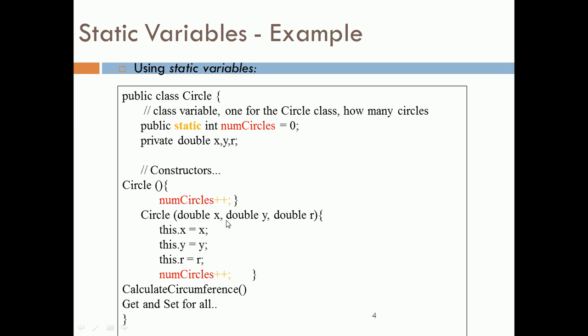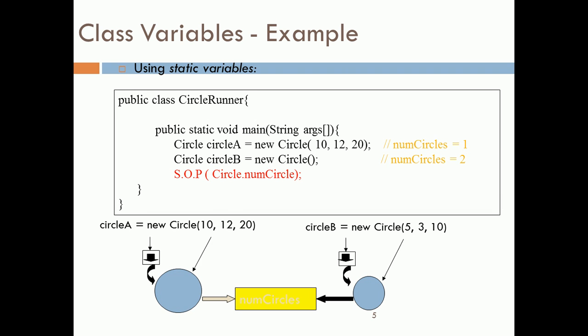Then I have the argument constructor for the Circle class which takes 3 values from the client side and it assigns them to the object that will be returned by this constructor. And here also I have incremented the static data member for the class, right? So inside the constructor, what is the change? That now I am incrementing the static data member, right? And then I have other function definitions for the class, like set and get functions for all the data members, right? So let's see how I have created the runner for the Circle class.